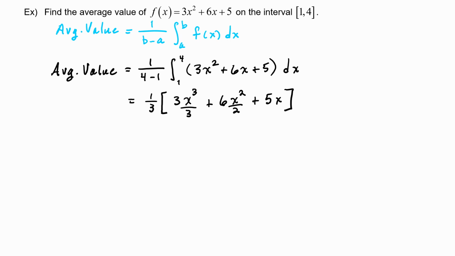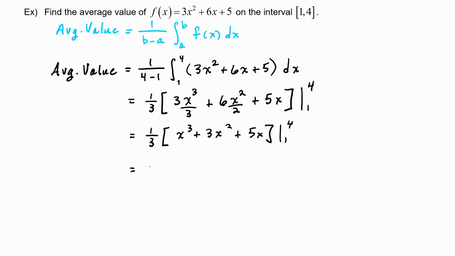Remember, with a definite integral, we do not have plus c, but what we do have is evaluating from 1 to 4. So this is now 1/3 times the quantity x cubed plus 3x squared plus 5x that we are evaluating from 1 to 4.